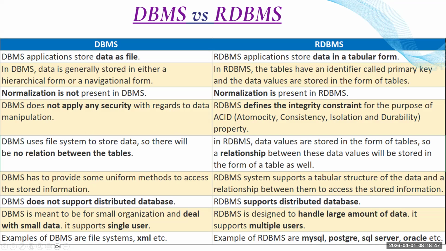So XML data and file system data fall under DBMS technology, where you create a file and load the data, or create XML kind of data. But MySQL, Postgres, SQL Server, Oracle all fall under RDBMS technology.